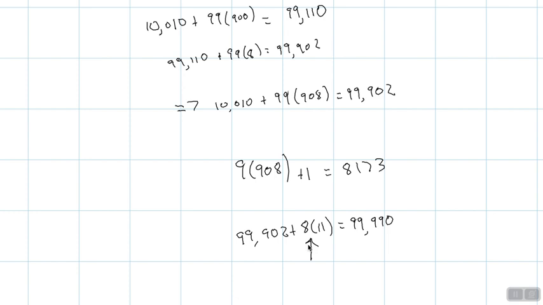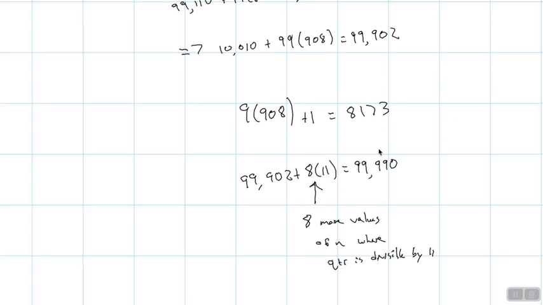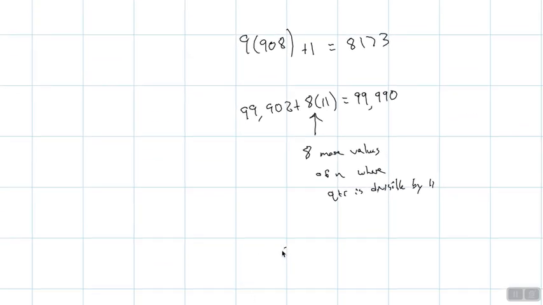So there are 8 more values of n where q plus r is divisible by 11. So we have this 8,173, and there are 8 more values of n.